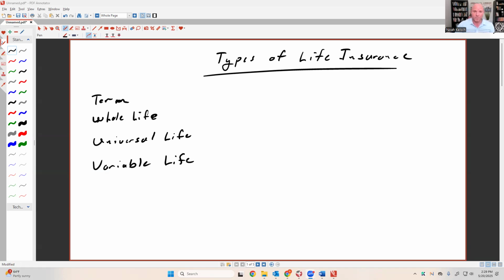The ones that I'm drawn to and recommend are term and whole life. Universal life can be structured properly, but it rarely is. It rarely is structured properly, and it's even more rare for it to be funded properly.